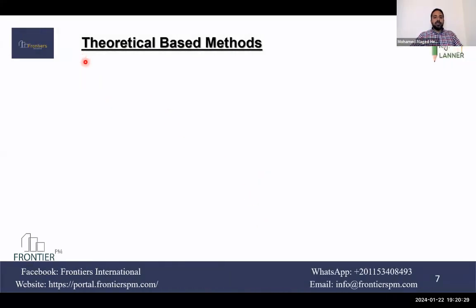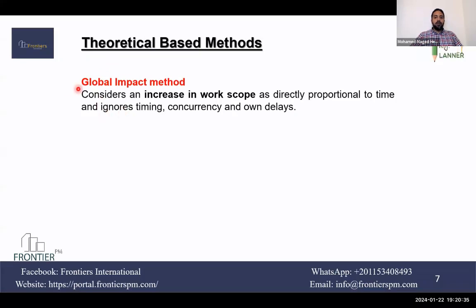Another classification is to classify into theoretical based methods and actual based methods. The theoretical based methods, one of them includes global impact. If you have an increase in the scope of work, you directly proportion this increase. You increase the scope of work by 10%, so you increase the project duration and extend it by 10% of the original duration.